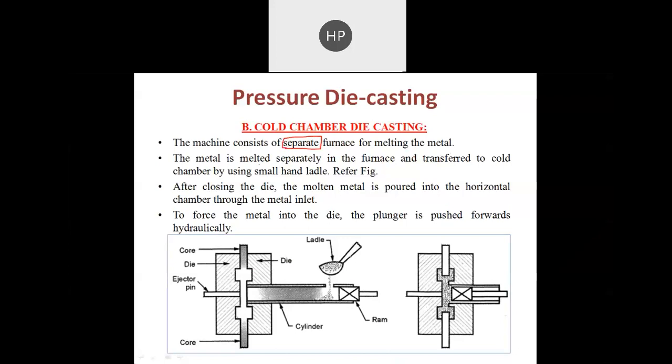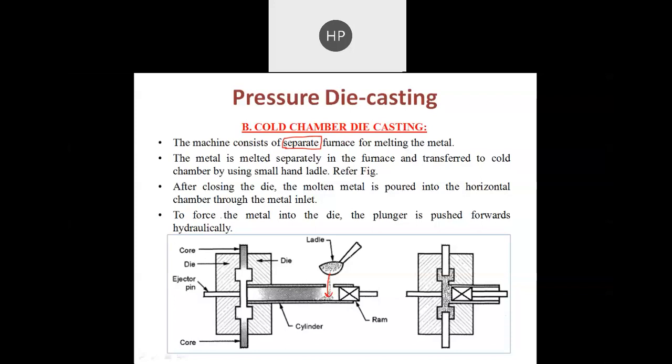The metal is melted separately in the furnace and then transferred to the cold chamber using a small hand ladle. So this is the ladle. In that ladle we fill the molten metal, and then that hot molten metal is poured inside the cylinder.